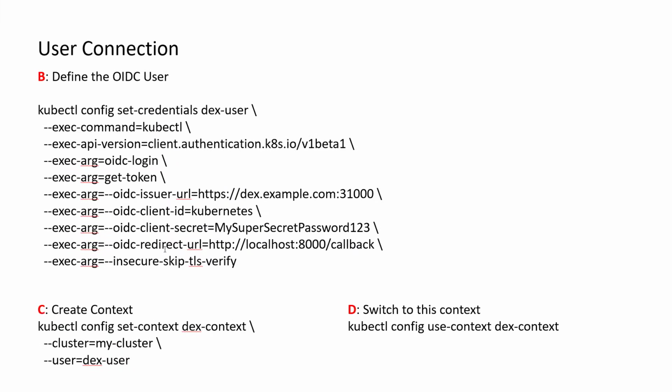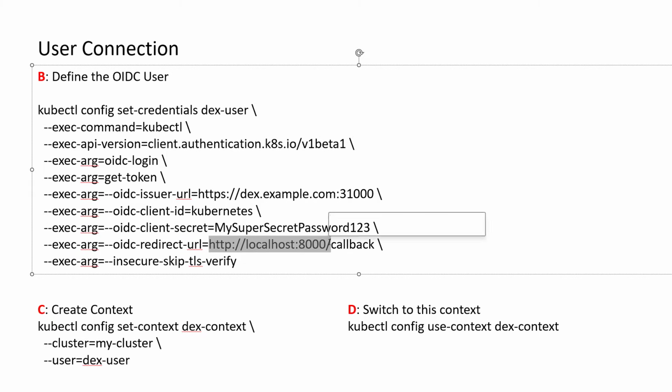And you also see a redirect URL. When we enter our credentials on the Dex web UI, it will bring up a minimal web server and generate the token. So this one is the address. As you see, it's localhost, a minimal web server. And this one is to bypass TLS verification.